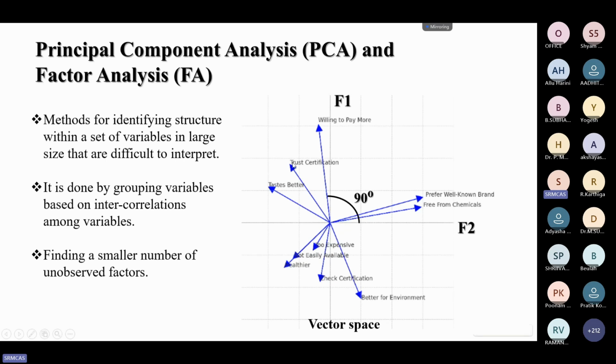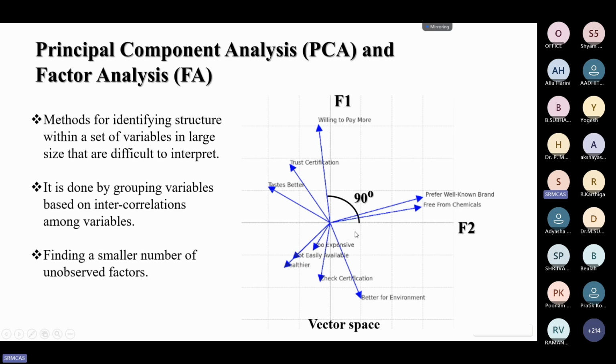If factor 1 and factor 2 are at an angle of 90 degrees, then we can say that they are not related. If the angle is less than 90, then factor 1 and factor 2 are somewhat correlated or related.